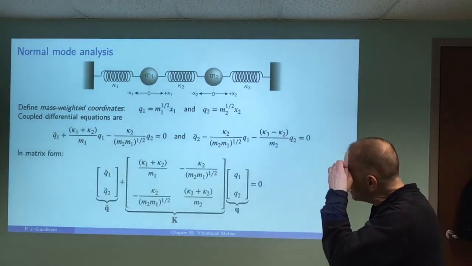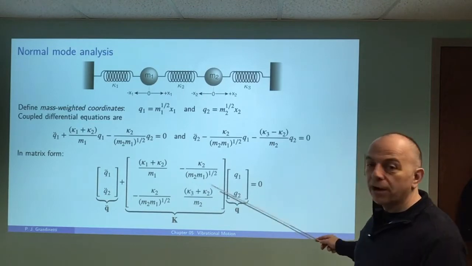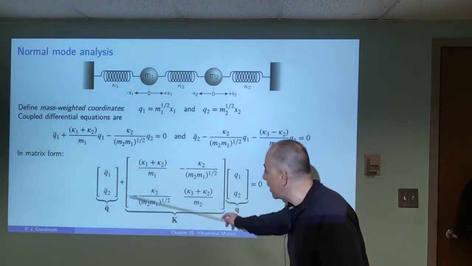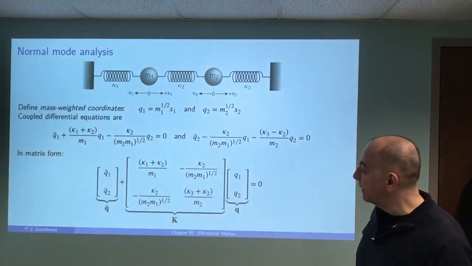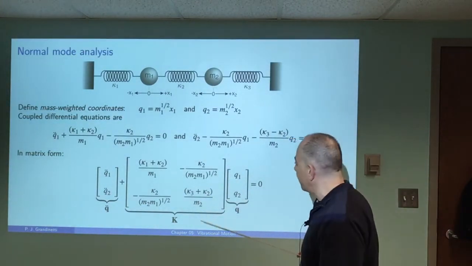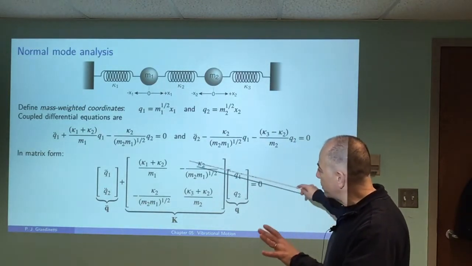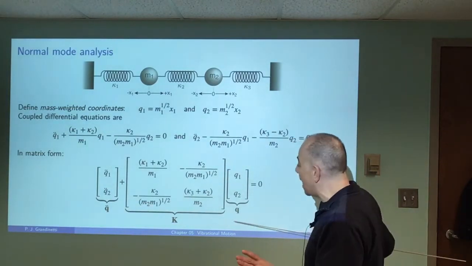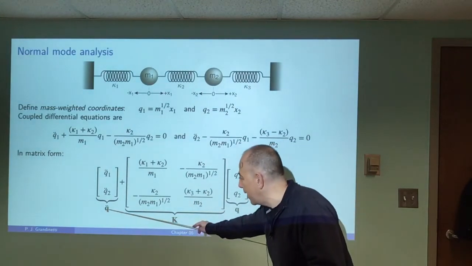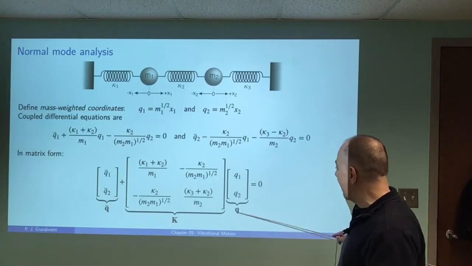What we're going to do next is rewrite these two equations more compactly in terms of a matrix equation. Now, what this allows us to do is take our coupled equations and express them in the most compact form, which I'm representing by these boldface q double dot, K, and q here.